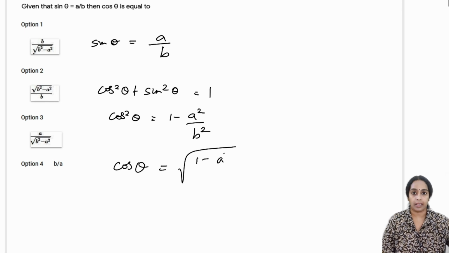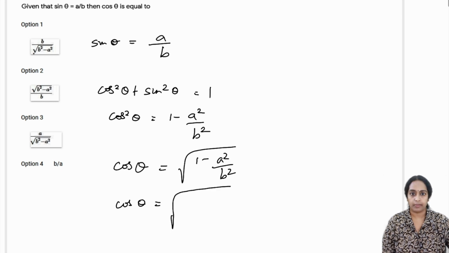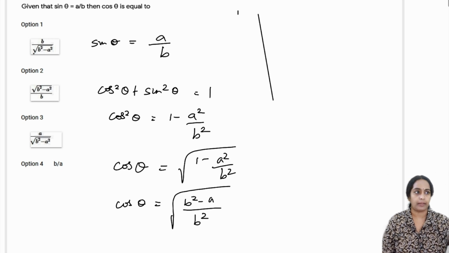So we can take LCM now. 1 minus A square by B square. So when we take LCM, cos theta will be equal to, inside the square root, we have denominator B square. Numerator will be B square minus A square.